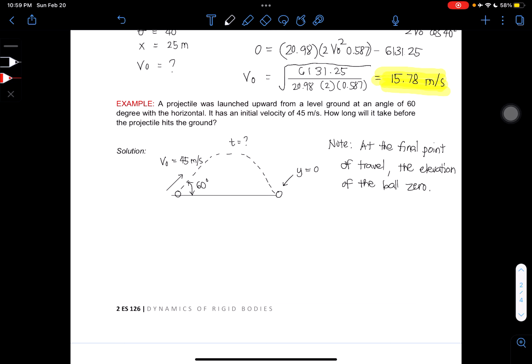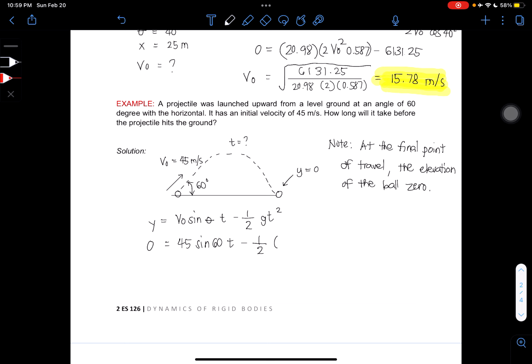So formula atong gamiton, we can use this: y is equal to V0 sine of angle theta multiplied by the time, minus 1/2 g t squared. So given 0 atong y, atong V0 is 45, sine angle nato is 60 degrees, our unknown is time, minus 1/2.